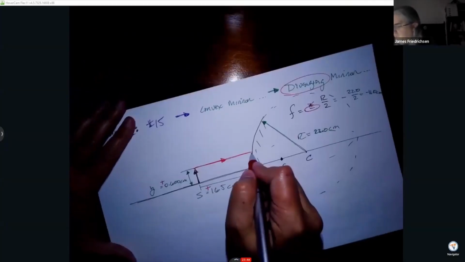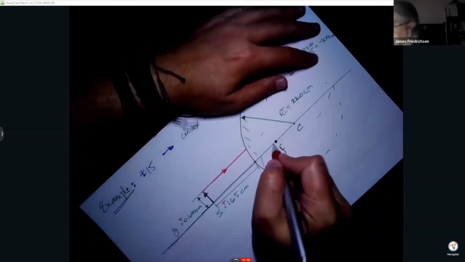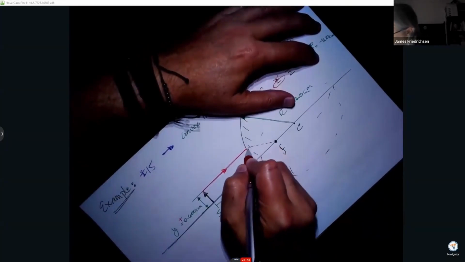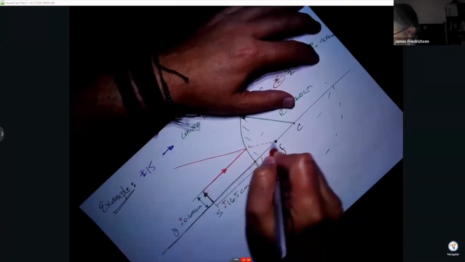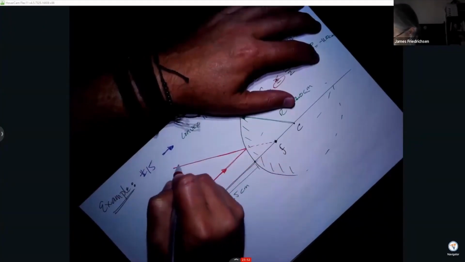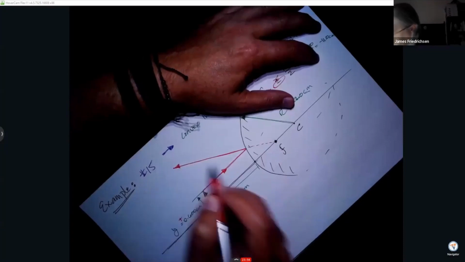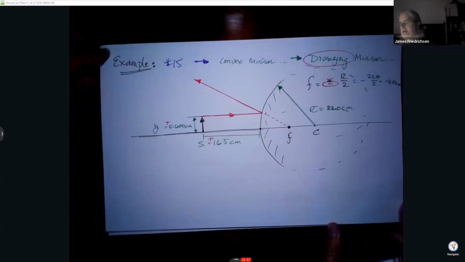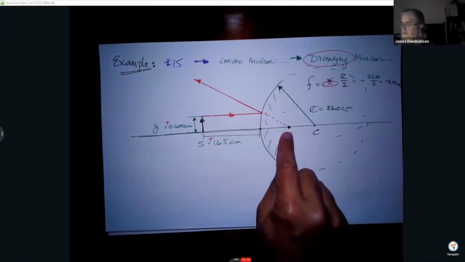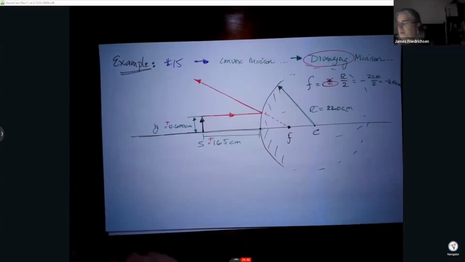And then it will reflect off the mirror as if the ray came from the focal point. Okay, so there's ray 1. Now, the second ray, you're going to go in through the focal and will come out parallel.